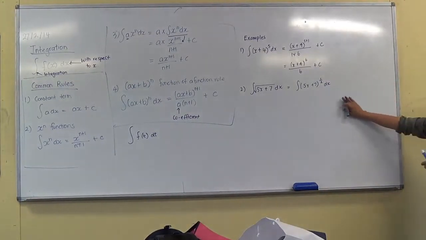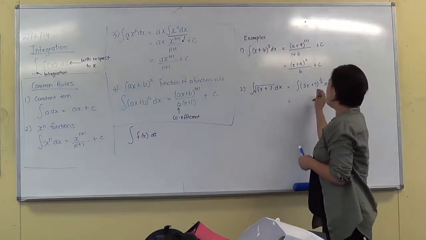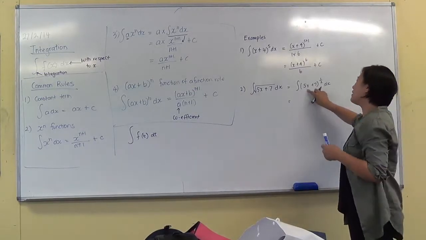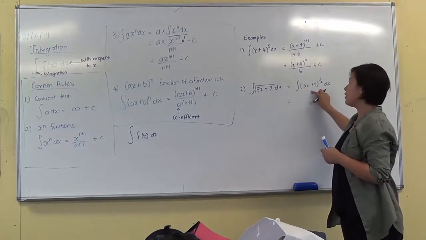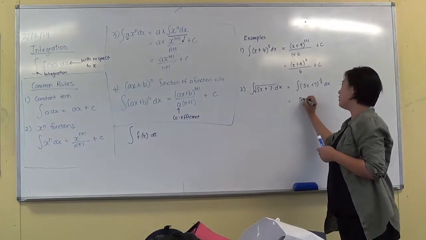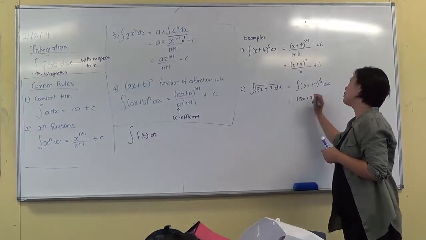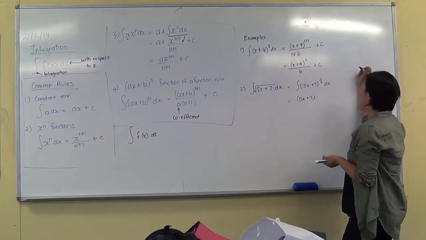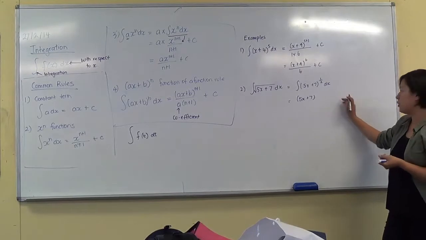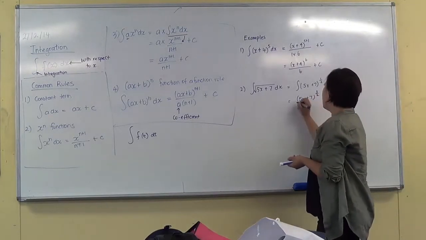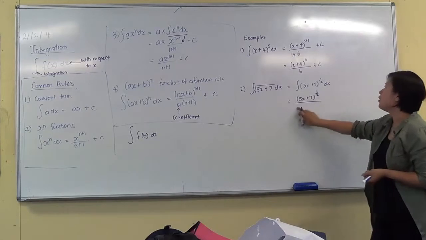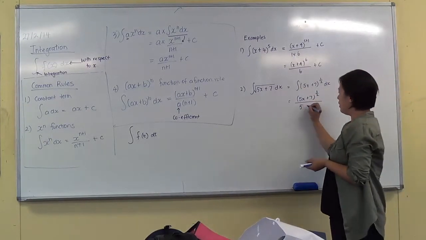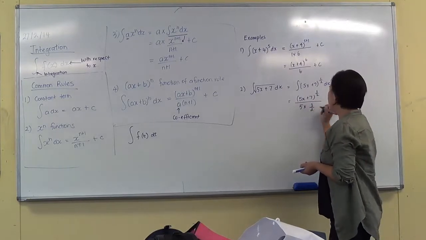So how would we integrate this? What do we do with the brackets? Now we need to multiply by the coefficient of x, which is 5, and we times it by 3 on 2.